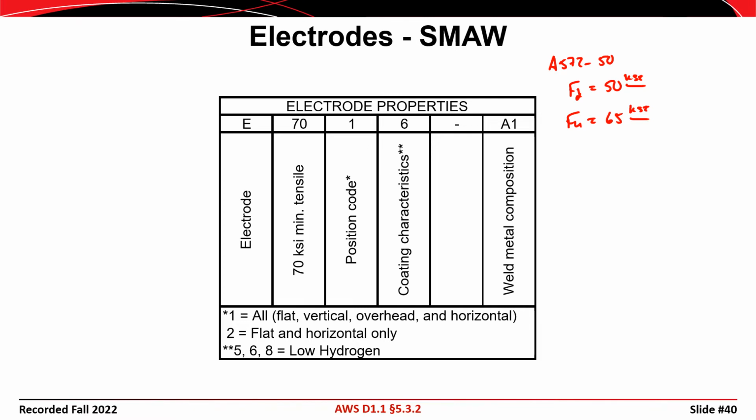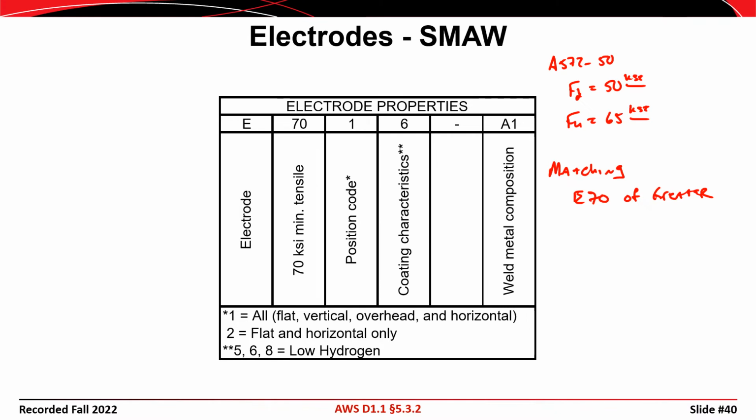If you were going to use a matching weld metal for that, then you would want a weld metal that has a tensile strength greater than 65 KSI. So E70 or greater would be a matching weld metal. They don't make an E65, they make an E60, an E70, an E80. They just come in increments of 10 KSI.